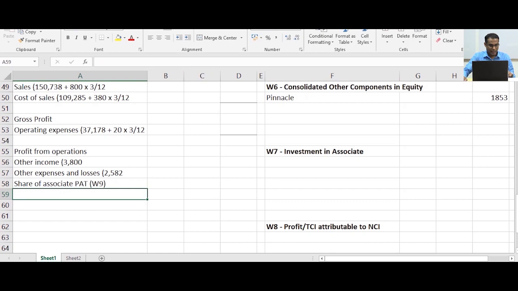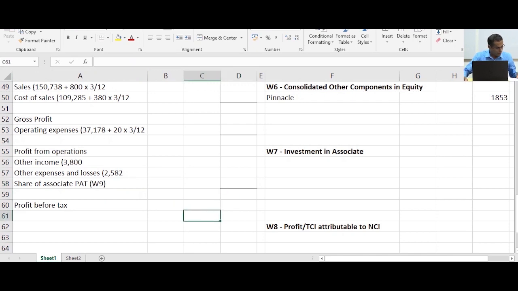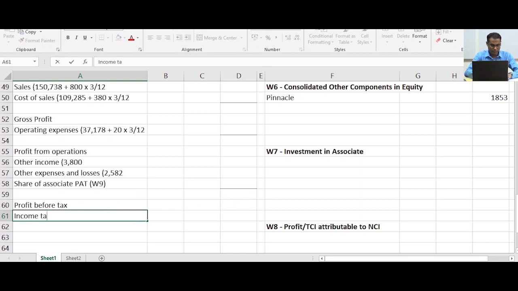Okay, then I can have my profit before tax figure. After profit before tax, income tax expense. Parent is having an income tax expense of 883 plus subsidiary income tax expense 80.